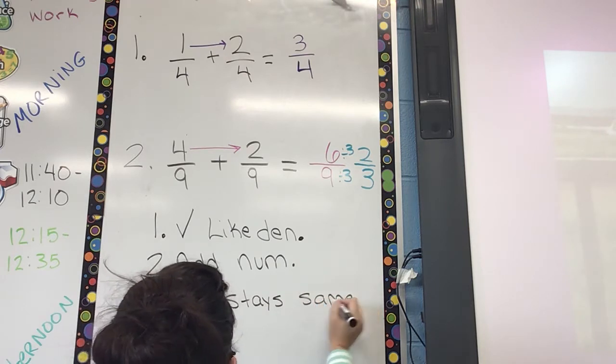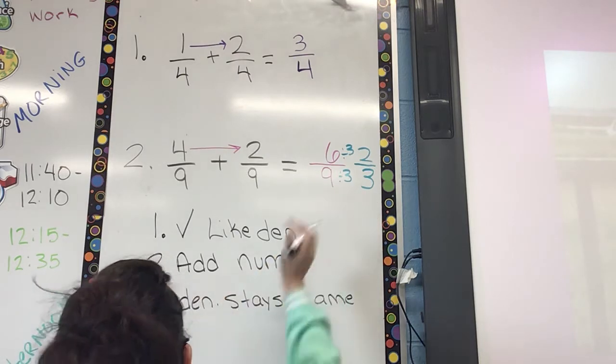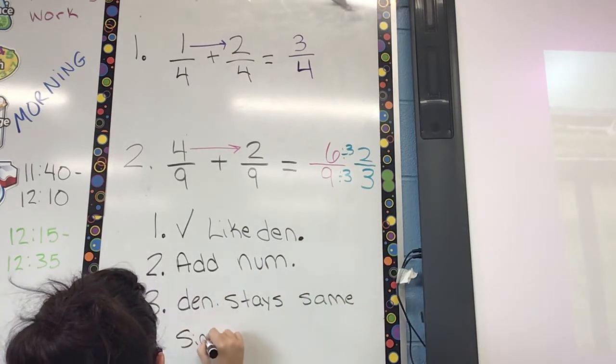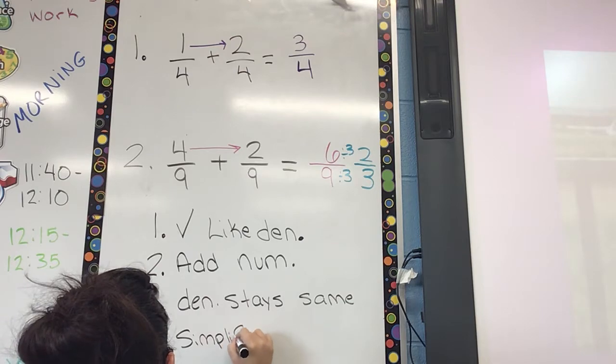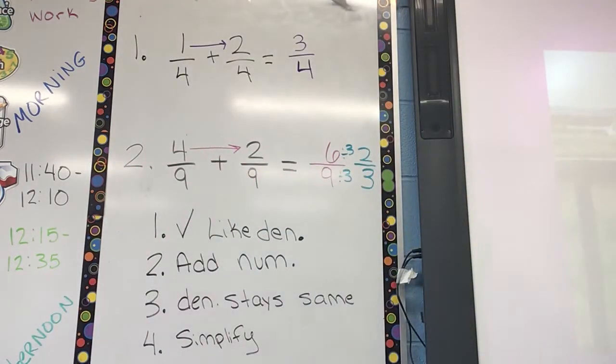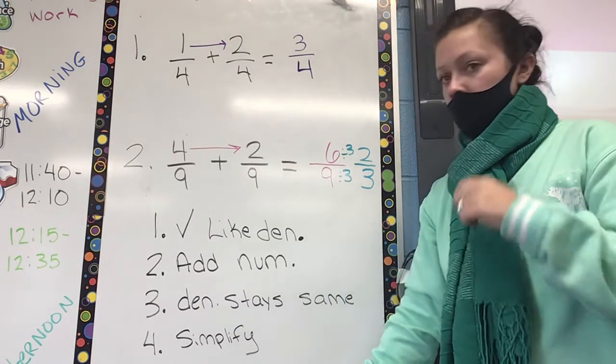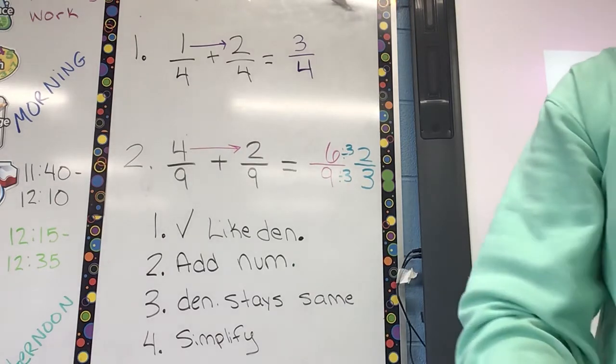And then step 4, I had to do what? You had to simplify. Very nice. Simplify. 4 steps here. Write them down. These are going to be our steps for today.